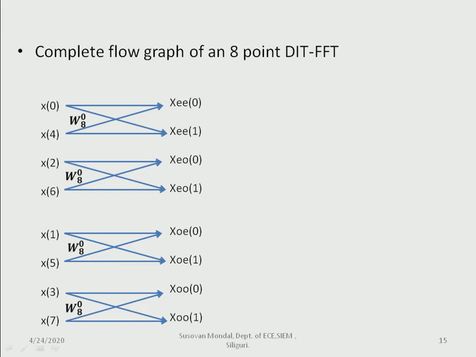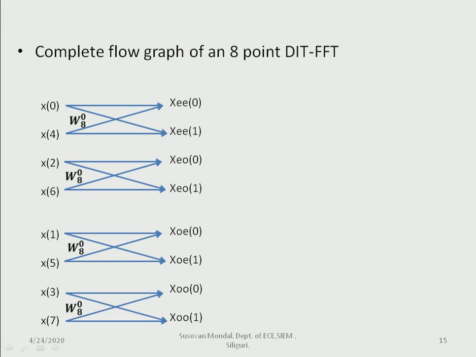So this is called the first stage, and we can evaluate x even of 0, x even of 1, x even odd of 0, x even odd of 1, and similarly x odd even of 0, x odd even of 1, x odd odd of 0, x odd odd of 1.